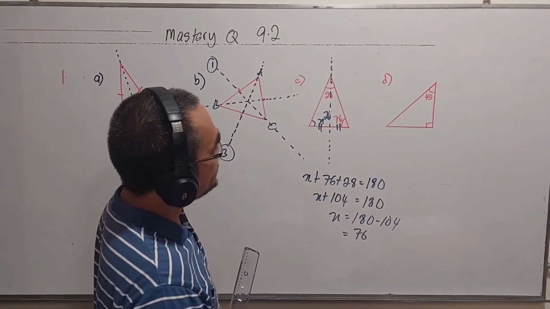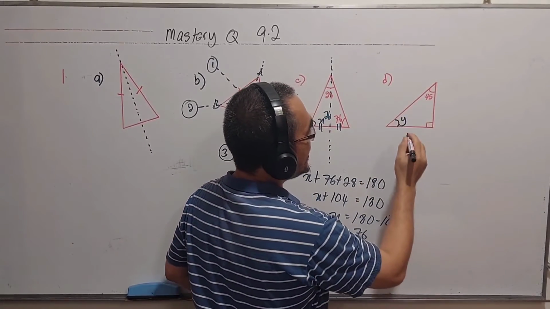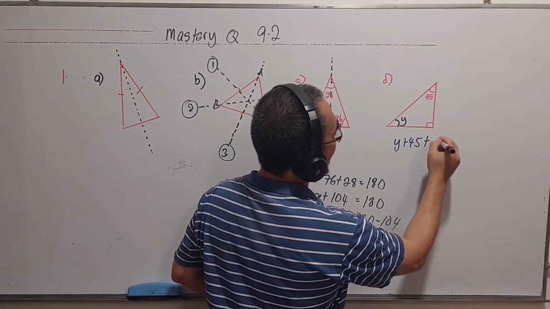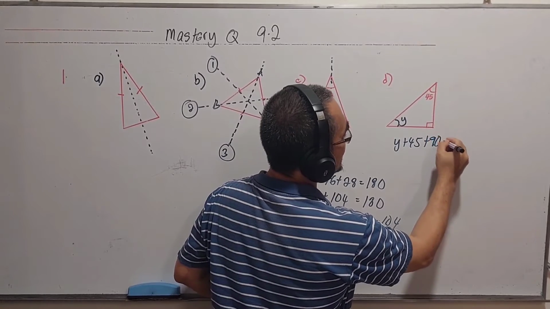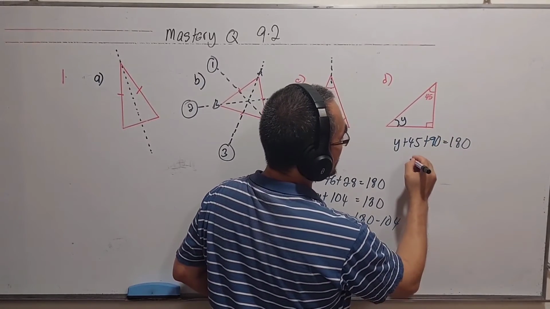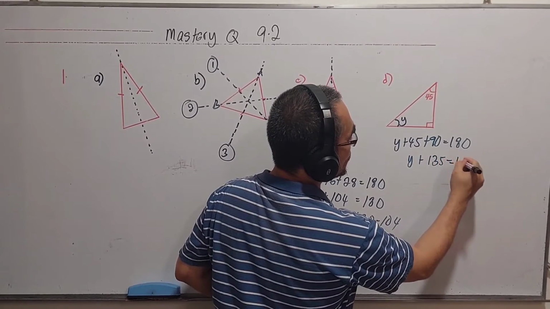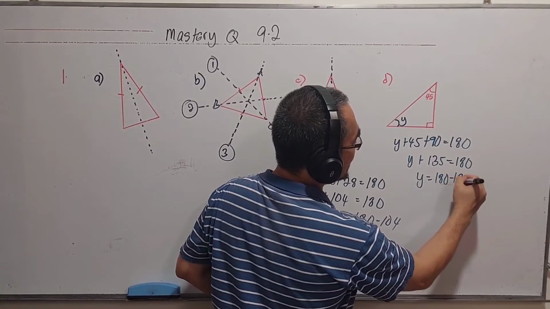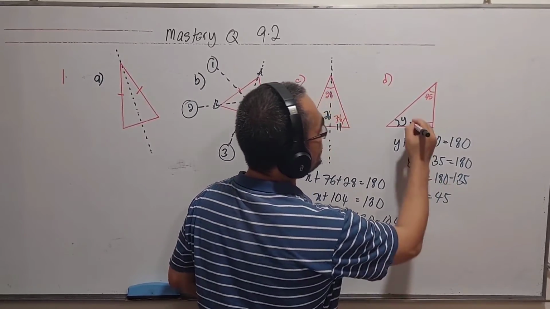And for this one, I label it as y. So y plus 45 plus 90 equals 180. So y plus 135 equals 180. So y is 180 minus 135, which is 45 degrees.